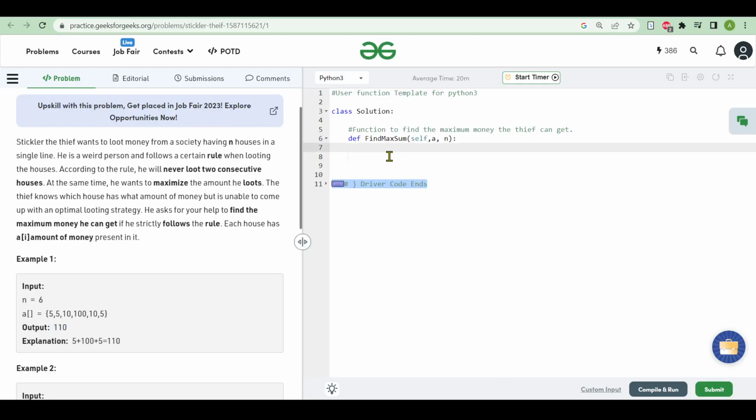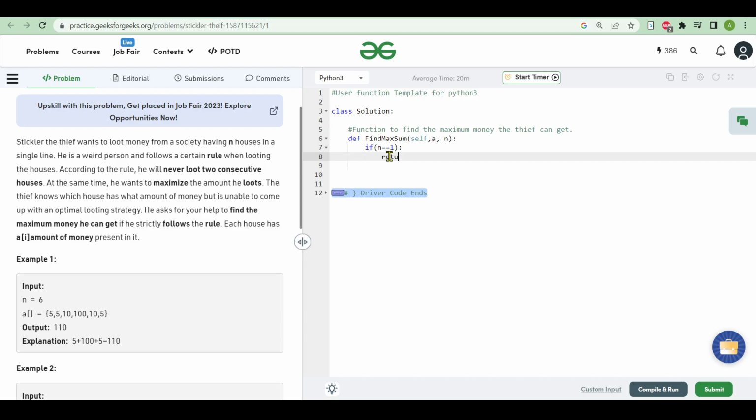As discussed, I am going to make here three cases, and the first case will be if the number of houses is one only, then I will return the amount of money that it is having. There is only a single house, so the thief will rob it.